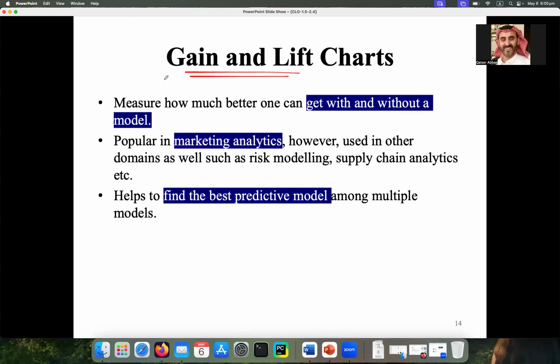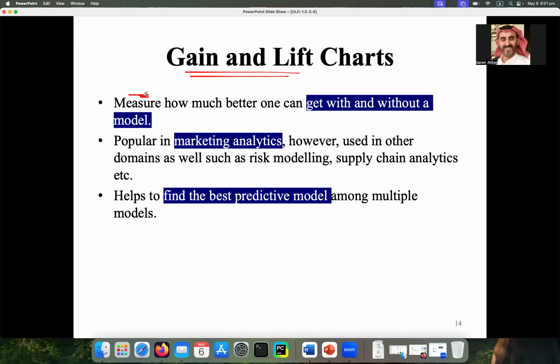Through these measures, we can check, if I am doing some business and I want to develop a model, whether going with the model is a better approach or going without a model is a better approach.